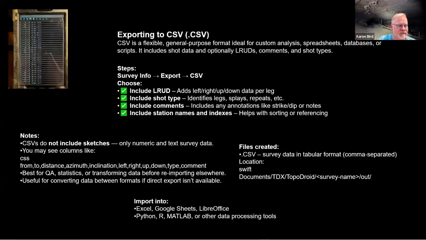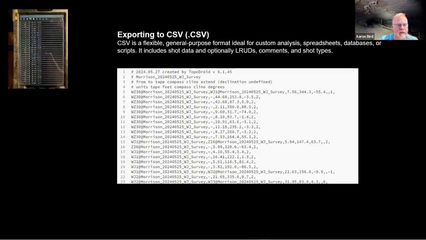There's also the CSV, and same thing, you can export it, you get some options. This is really good if you are not going to be going into Compass, or at least not yet, or not into Walls or Cavern or Therion or wherever initially, and you want to do something else with the data. You can export it as a CSV, or as we saw earlier, a tab separated file. And then here's an example of the CSV.